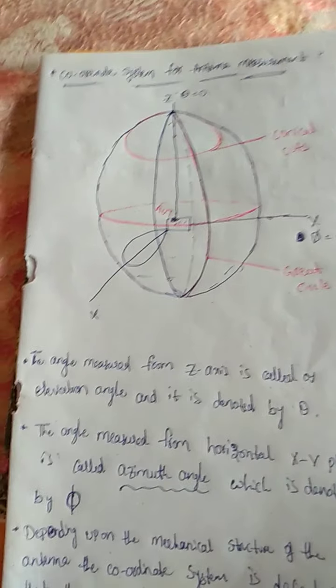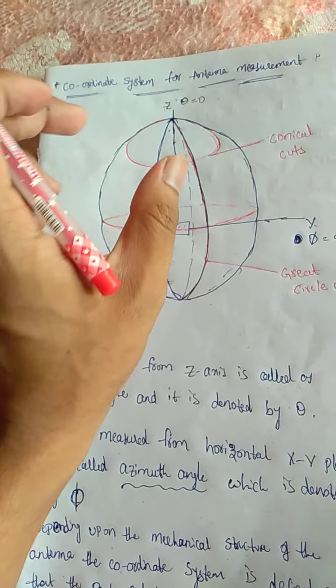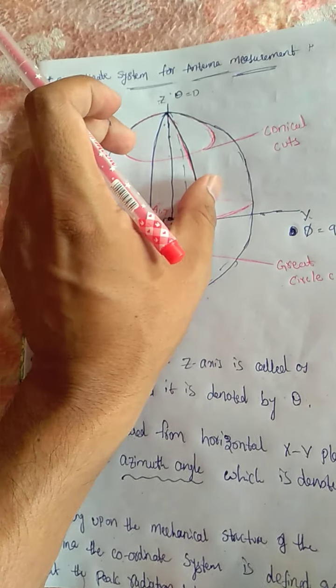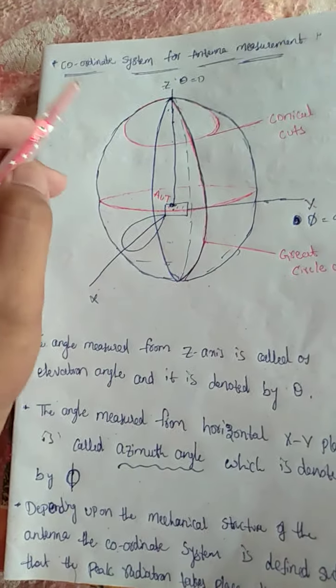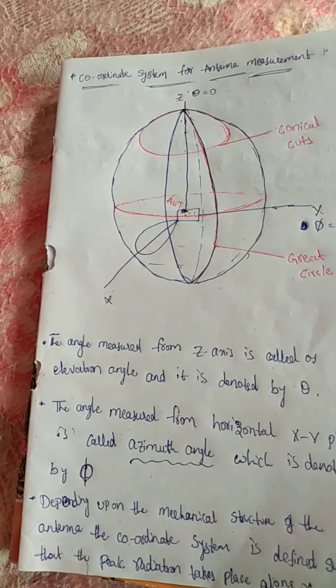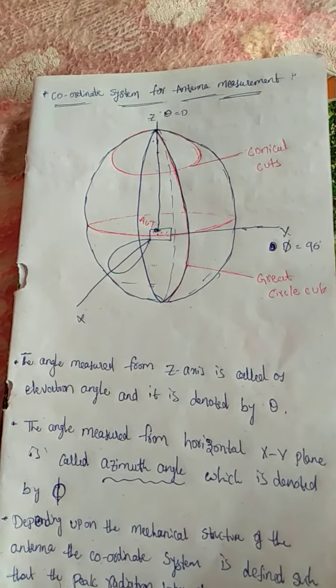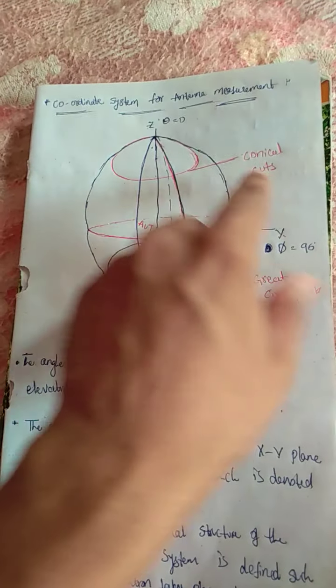We are also seeing a red color here. This circle or arc we can consider as conical cuts. I mean, the signal passing along this arc is cut here, and automatically we call these conical cuts.